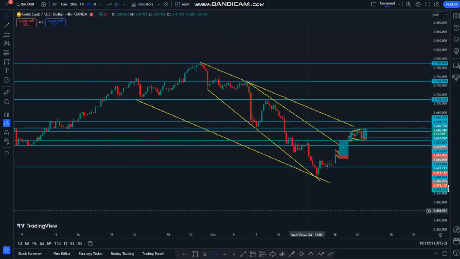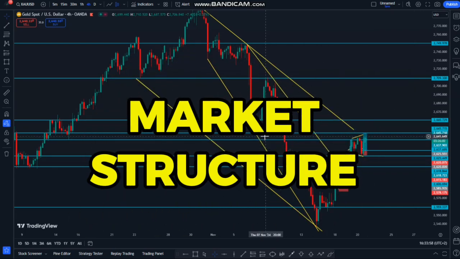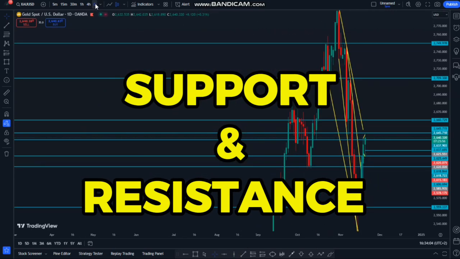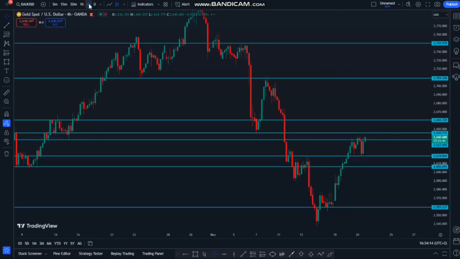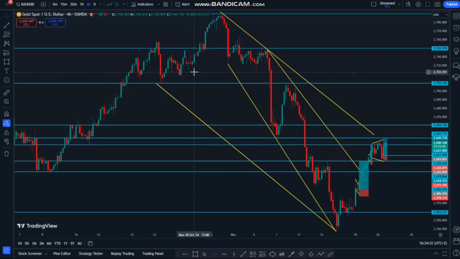So here in 4 hour time frame, I identify the market direction. As I've said, in daily time frame I have to mark up my zones, and then when I come to 4 hour time frame, I have to identify the trend of the market.